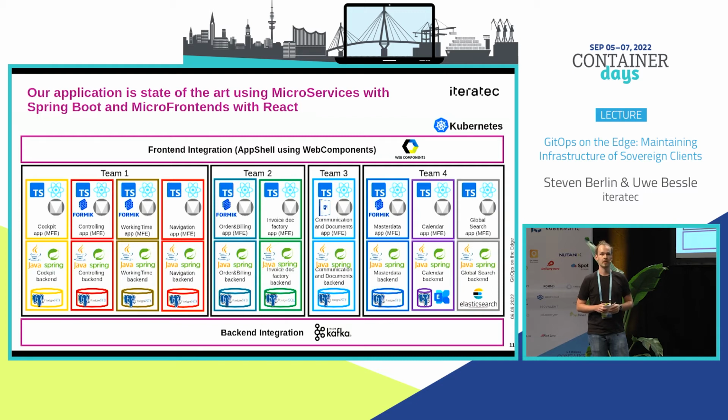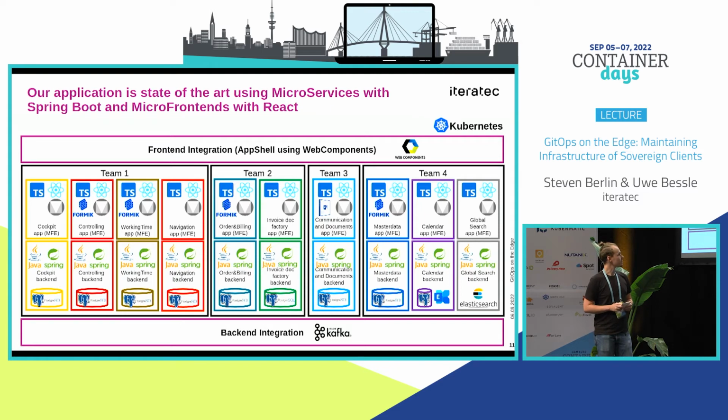We can have domain teams, 4 in this case, that can each develop their own domain-specific line of business. And they can do so on verticals, and everything can be integrated in the browser to deliver business value to the users. In the backend, we have Java Spring Boot, PostgreSQL, and also we use messaging based on Kafka.